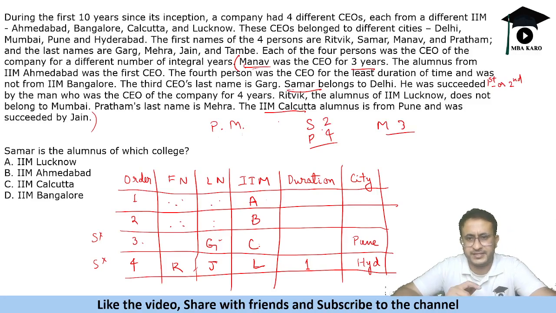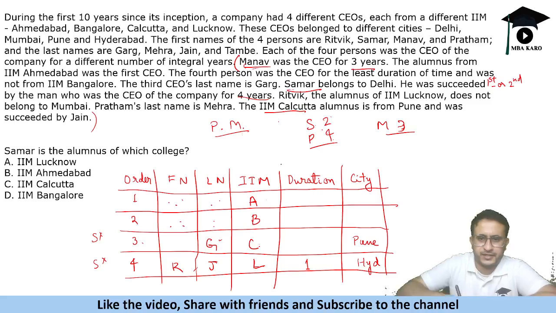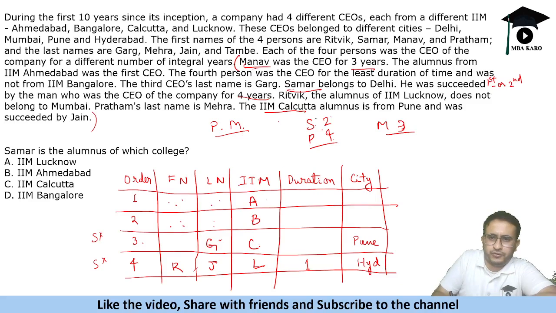I guess this thing is clear because after Samar the next person is of 4 year duration. So Samar, Pratham and Manav. Manav is 3 years. So after Samar we will have Pratham who is for 4 years and another is Manav which is 3 years. Now Pratham is Mehra. So 2 and 4 should come together.